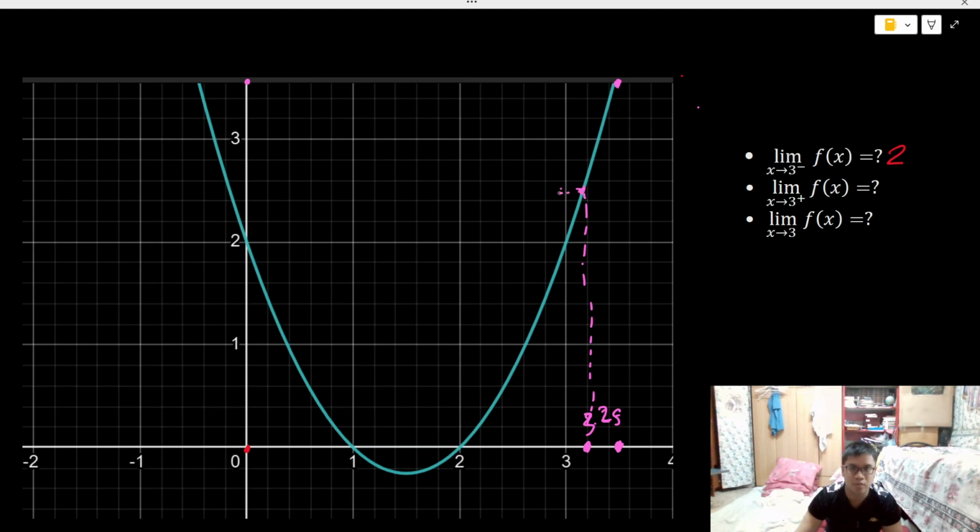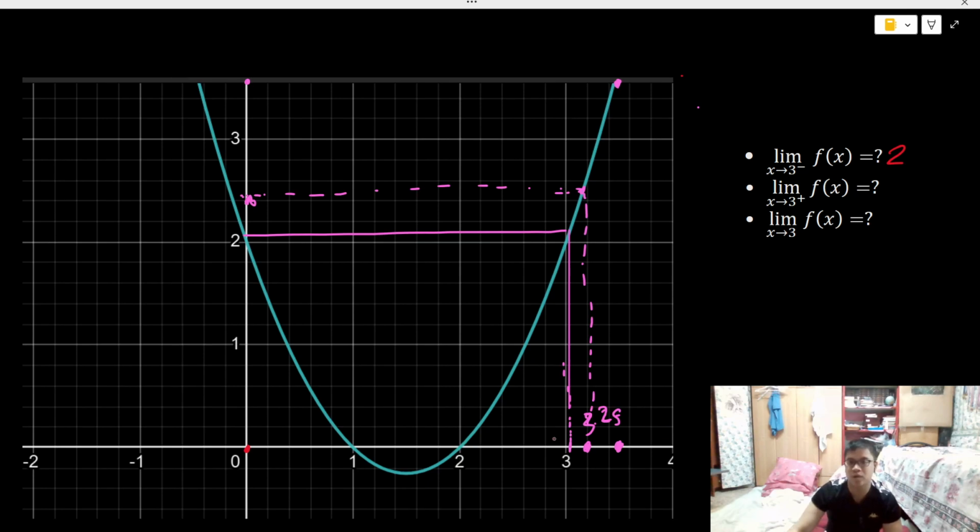If this is 3.25, it's closely approaching midway to 2. But if we get closer to 3, like this, it's getting closer to 2.